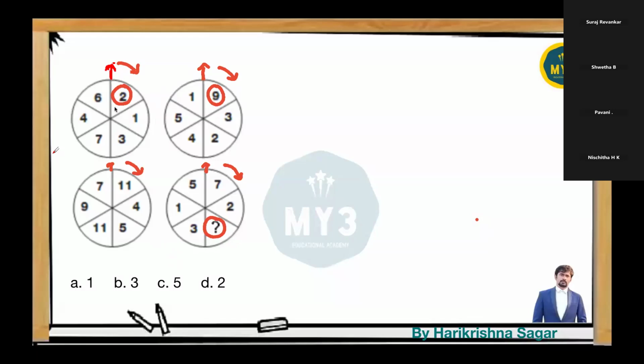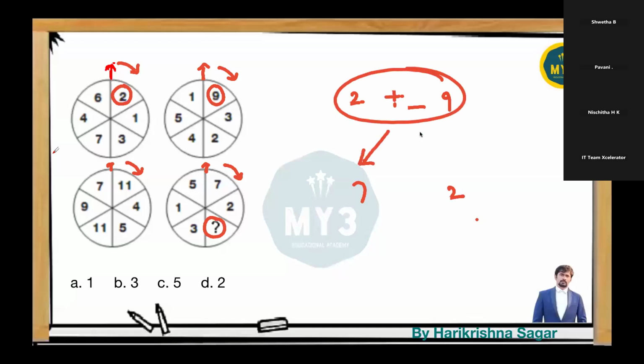Observe all the circles and their respective values: 2, 9, 7. 2 plus 9 is 11, 2 minus 9 is 7. That is happening for everything. You can observe 1 and 3: 1 plus 3 is 4. Now tell me, what is the answer?